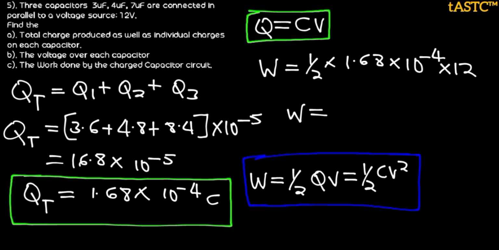And so we need to find what that is going to be. That is 0.5 multiplied by 1.68 times 10 to the negative 4, multiplied by 12. So this gives us 1.0 times 10 to the negative 3 joules.